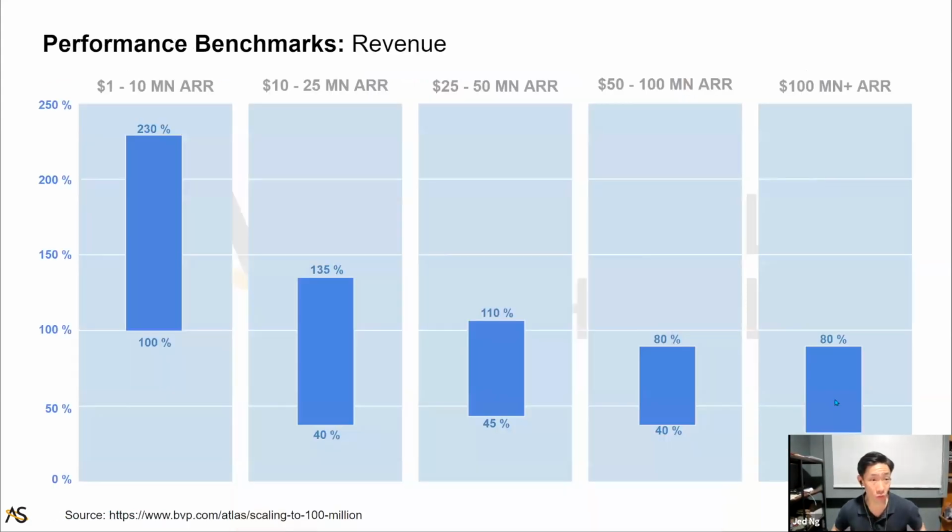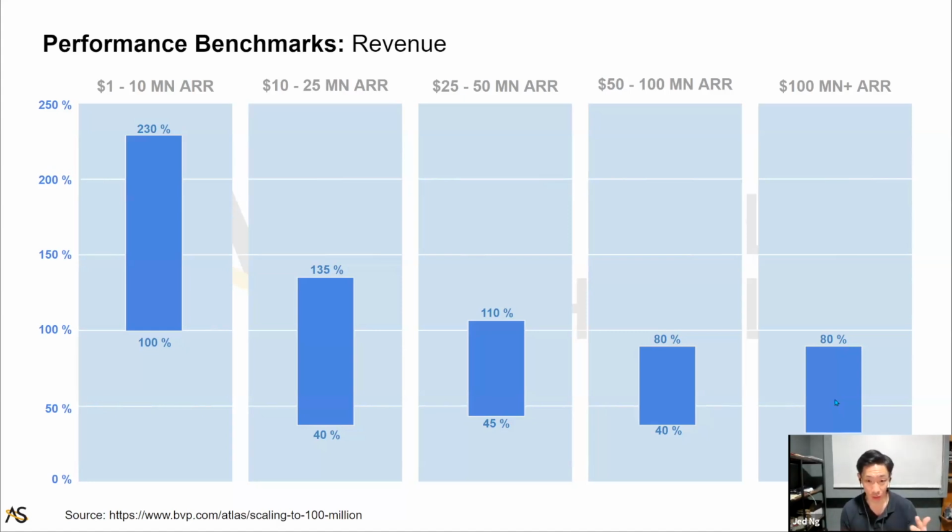Another source of returns, another source of variance, comes from startup performance. And to make this point, I'm going to show you data from a venture capital fund called Bessemer. They are famously a cloud and software investor, and they analyze their portfolio to benchmark performance across different metrics.